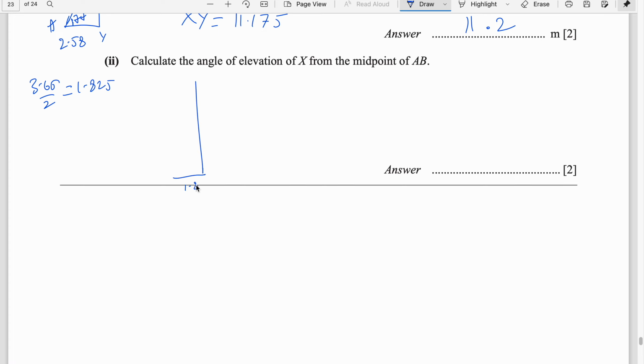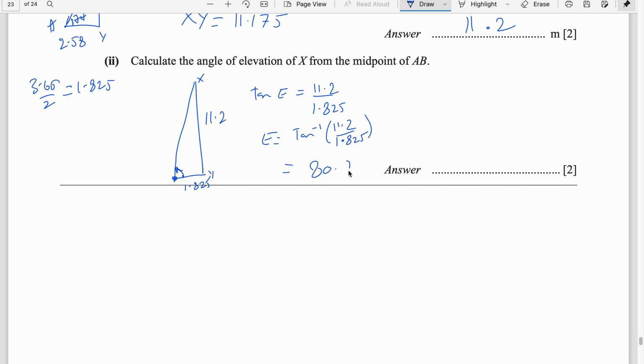And 1.825, this is Y, this is X. Angle of elevation from this point, height is already 11.2. So tan of, let me call it E, is perpendicular over base. So E equals tan inverse of 11.2 by 1.825, that is 80.7 degrees.